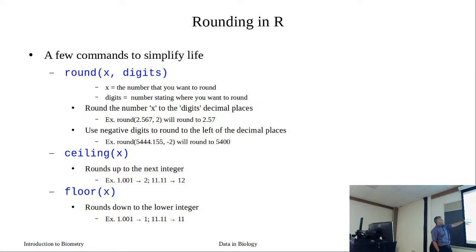So here's an example. Round 2.567 to 2 decimal places. How do we do it in R? We type in round, parentheses, 2.567, comma, digits equal 2. Let's go ahead and do that. Just make sure you get it.